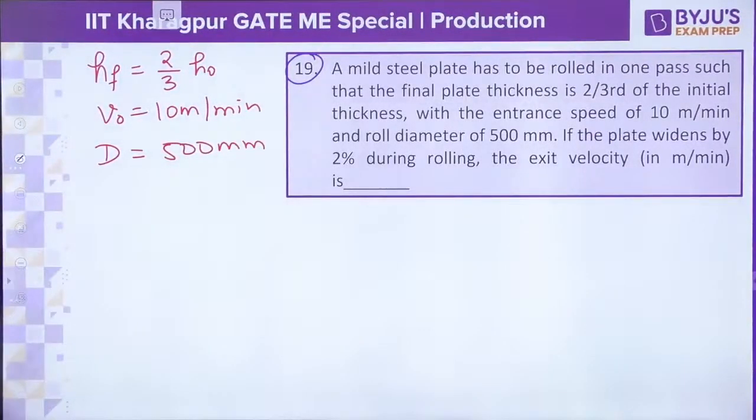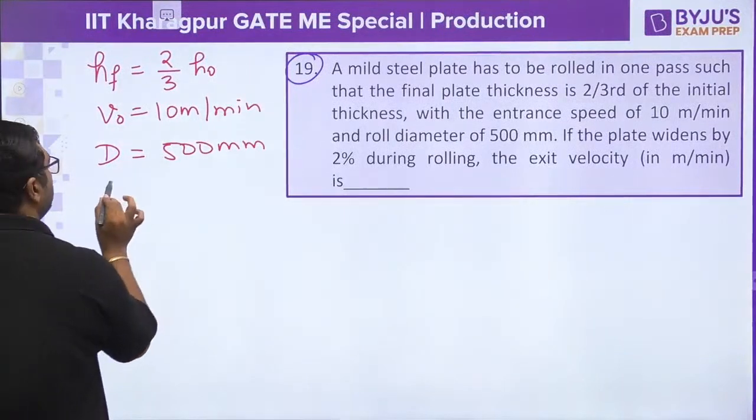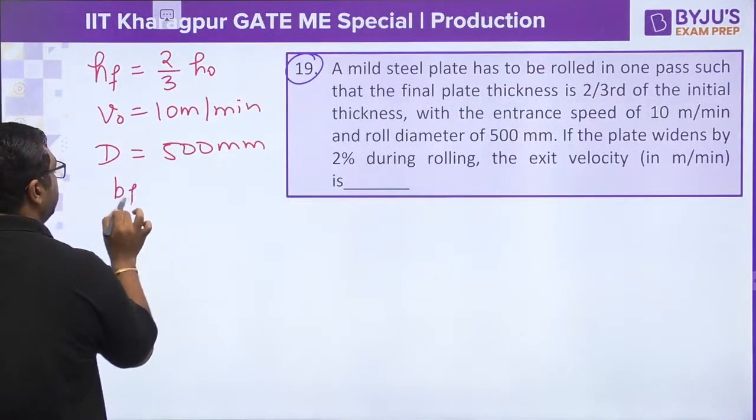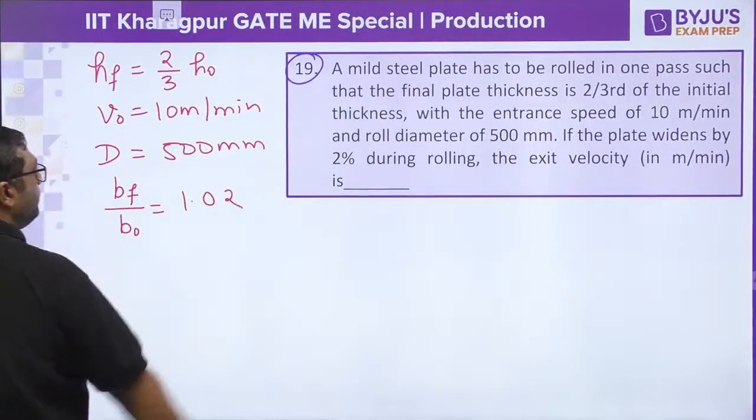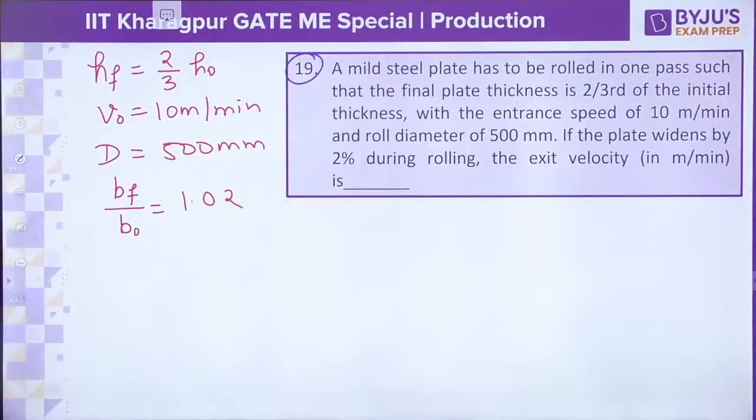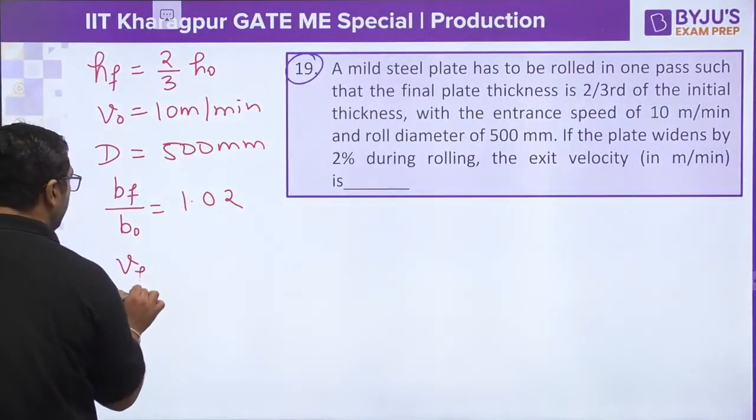If the plate widens by 2%, which means width is also changing, B final by B initial is 1.02, during rolling, you need to find out the exit velocity V final.